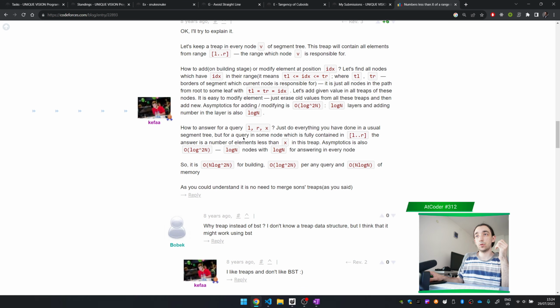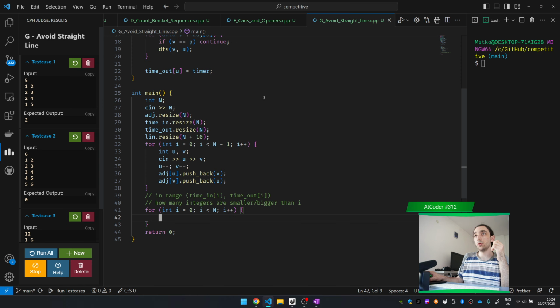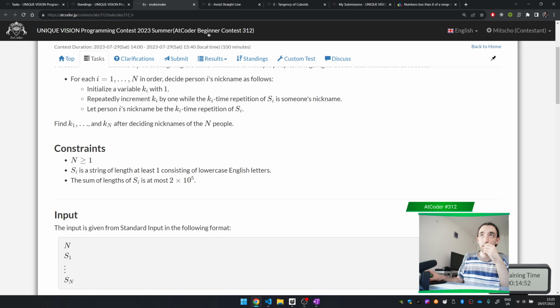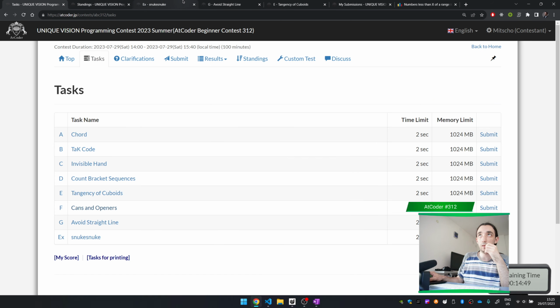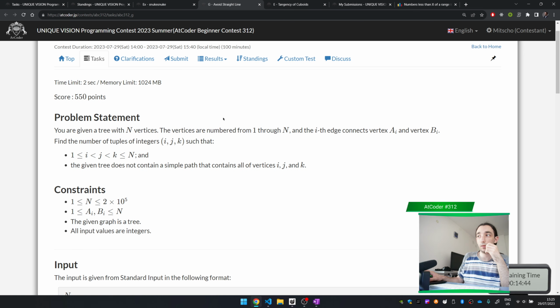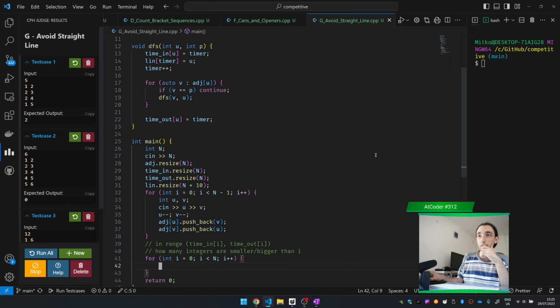So let's just say that we have Mo's algorithm, and we put all of these queries into one big bucket, and then you want to have two Fenwick trees, and that would be square root times log n, which doesn't really quite work. Is there a better solution than this?